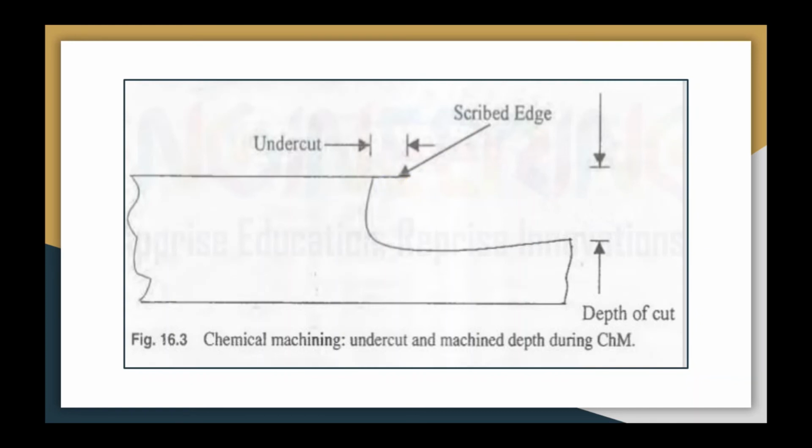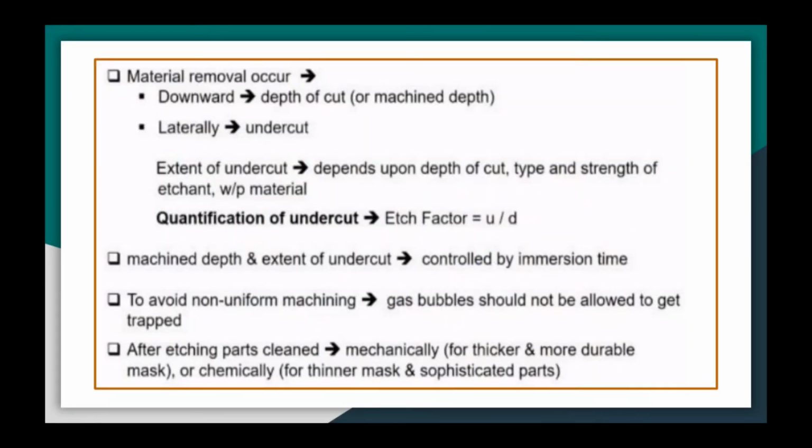And undercut is a function of depth of cut, type of etchant, workpiece material, and etching time. The more the etching time, the more the undercut, and you want minimum undercut, because it is going to give a dimension other than what you have designed for the component.